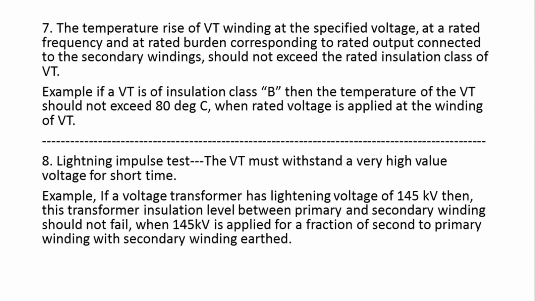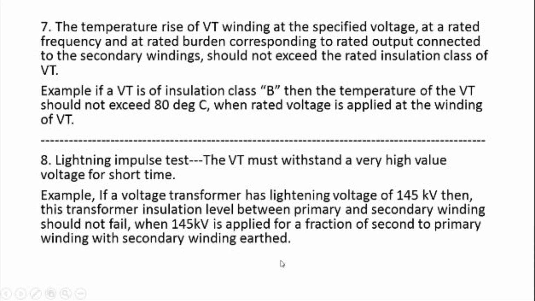Lightning impulse test: the VT must withstand a high voltage value for a short time. Example, if a voltage transformer has lightning impulse level of 145 kV, then the insulation between primary and secondary winding should not fail when 145 kV is applied for a fraction of a second to primary winding when secondary winding is earthed.